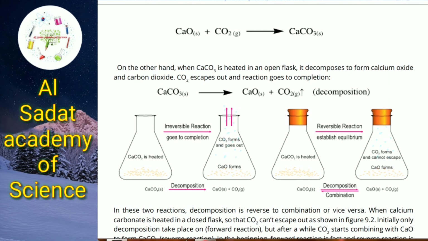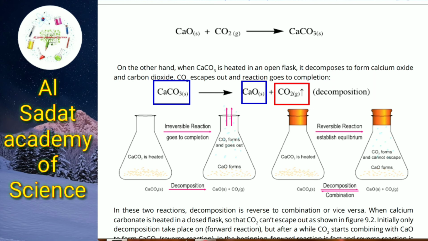When CaCO3, calcium carbonate, is heated in an open flask, decomposition happens to form calcium oxide and carbon dioxide, the reverse of the above, and carbon dioxide escapes out and the reaction goes to completion. Here you can see that the reaction is a decomposition reaction because CaCO3 is solid and CaO, which is forming, is also solid, but carbon dioxide is not solid, rather it is a gas and it can escape easily.